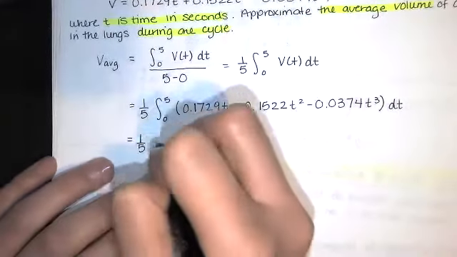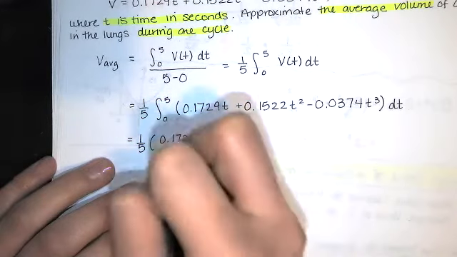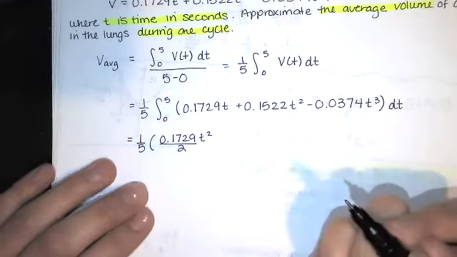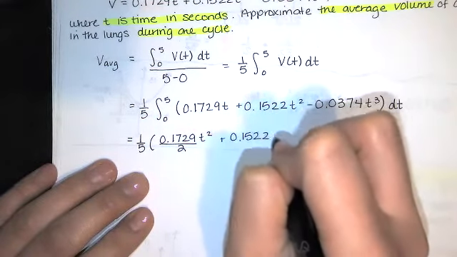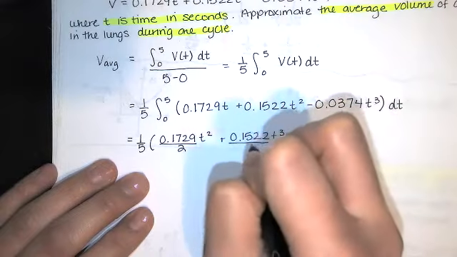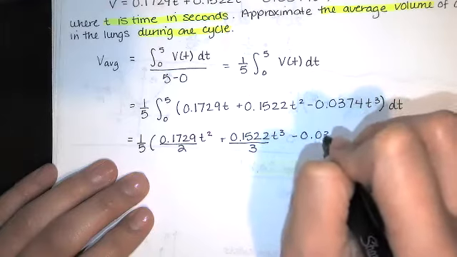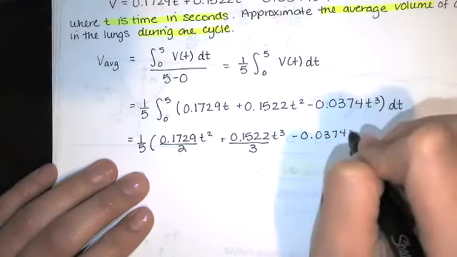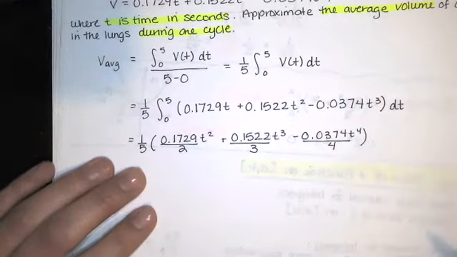So we bring the constant down, we add 1 to the exponent and divide by the new exponent. And then we bring the constant down, add 1 to the exponent and divide by the new exponent. And bring the constant down, add 1 to the exponent and divide by the new exponent. That's the anti-differentiation step.